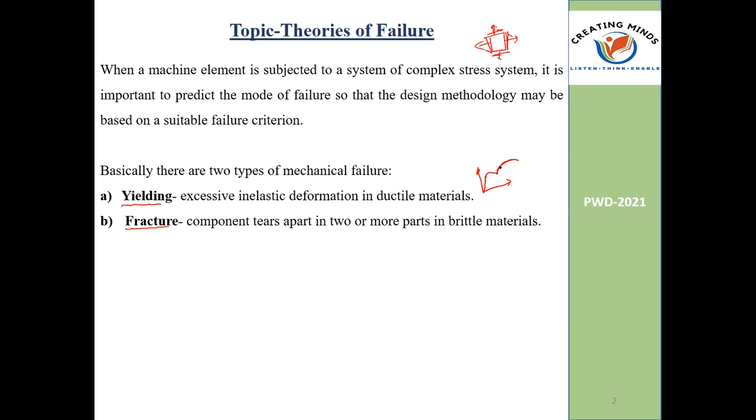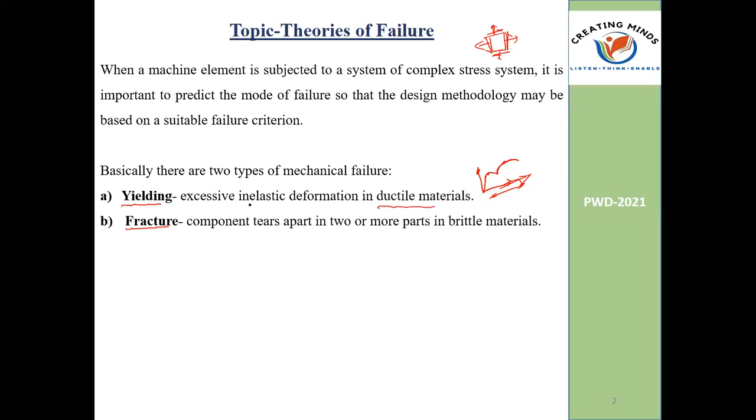Afterwards it fails, and here you get the yield point as well as the ultimate point. And the deformation in yielding is larger, right? So those kinds of materials are termed ductile materials.